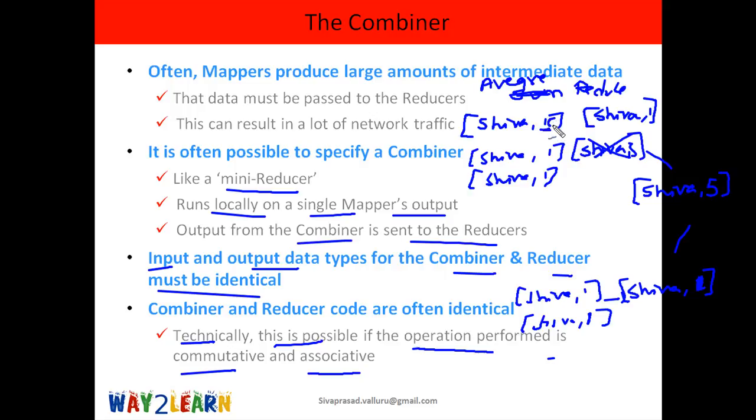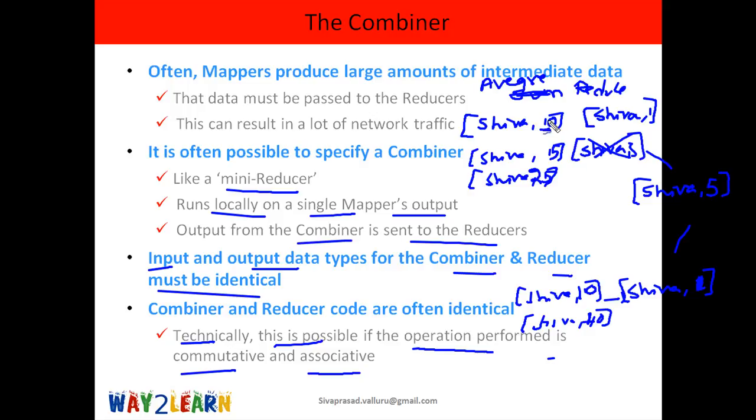Let's say here it is 10, this is 15. Let's assume the values emitted are 15 and 20, say 25, and here it is say 10 and, that's it, 40.